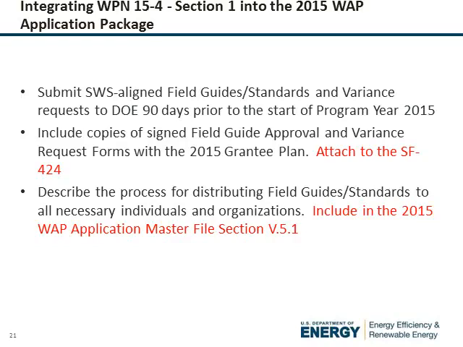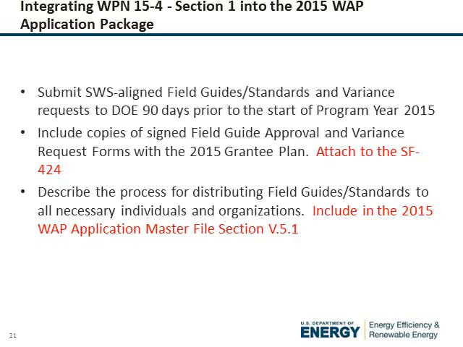You'll find it in the resources link on the energy.gov site that we referenced before. For each variance you're going to come in for, you need to have a form filled out, and those will be signed and approved by me. And then you take all that, the signed copy of the field guide approval and the variance request forms, and you attach them to your SF424 in your application package.